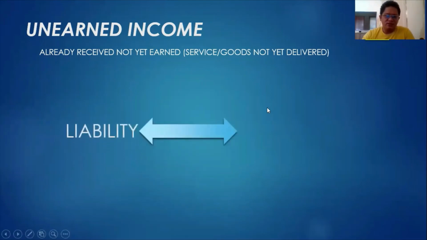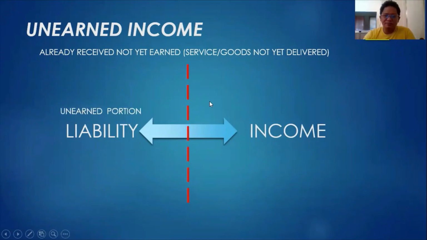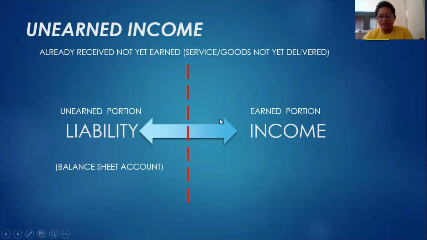Once we recognize unearned income, it can be recorded as a liability or as an income. So we just have to watch out: if it's not yet earned, it must be set up under a liability portion. It will later be transferred to an income statement account.